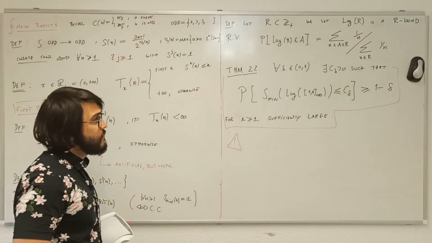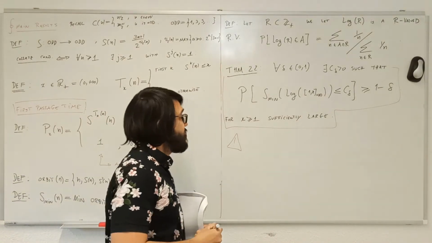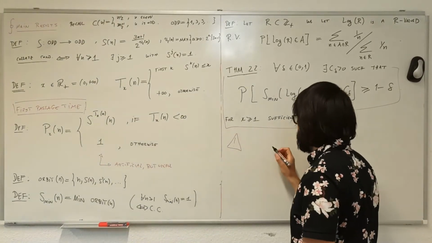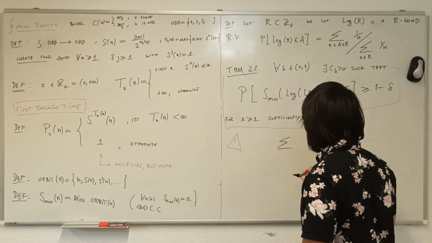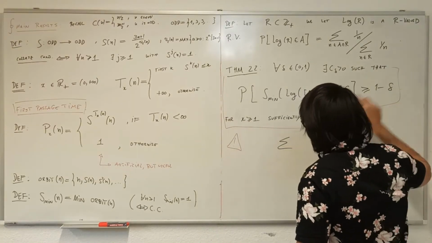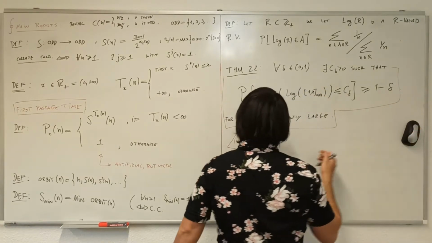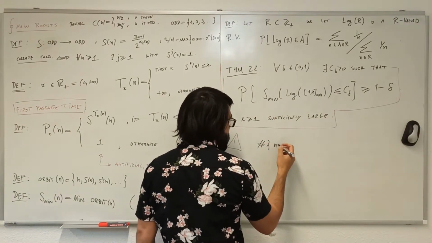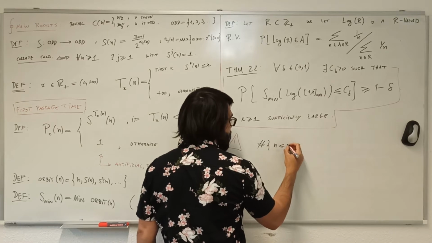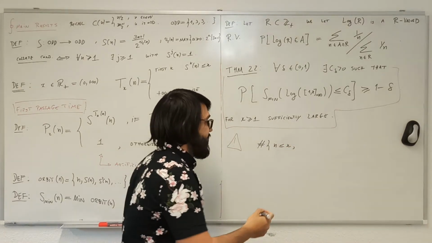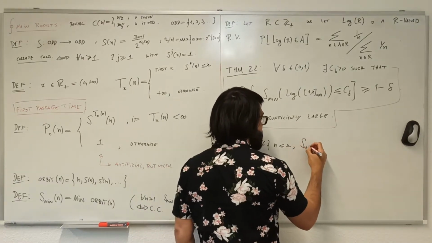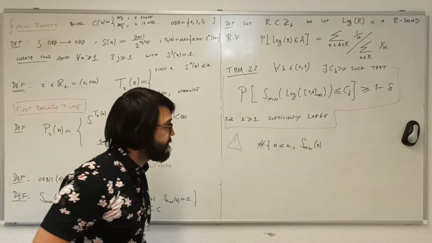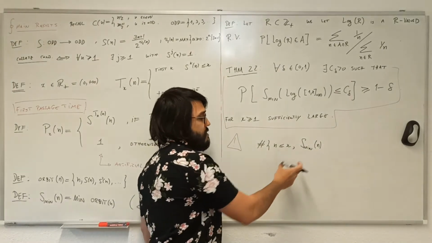What I would like to say is something of the sorts of: I'm counting the positive integers less or equal than x, such that S min of n is... So I want it to be 1 for all n.